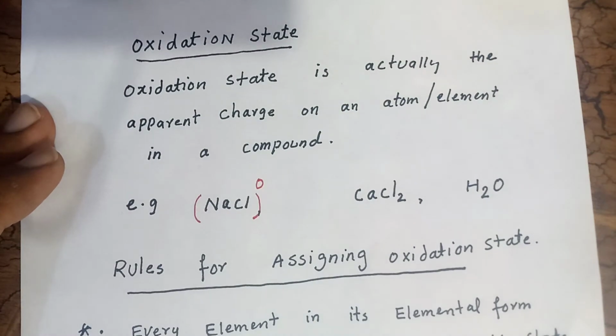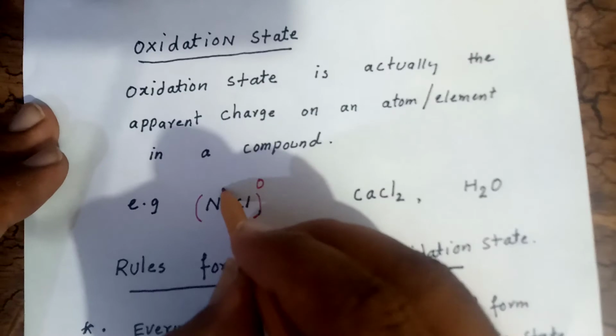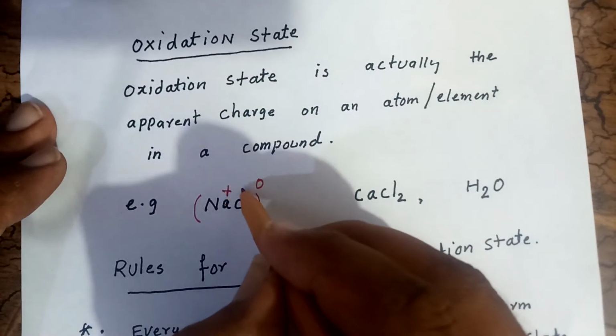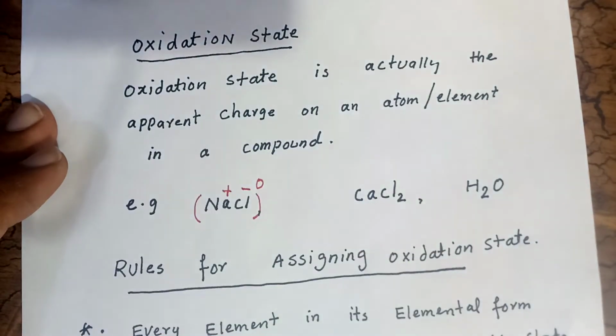Okay, so inside this, sodium has a positive charge and chlorine has a negative charge. So we have assigned a plus 1 charge to sodium, and we have assigned a minus 1 charge to chloride.